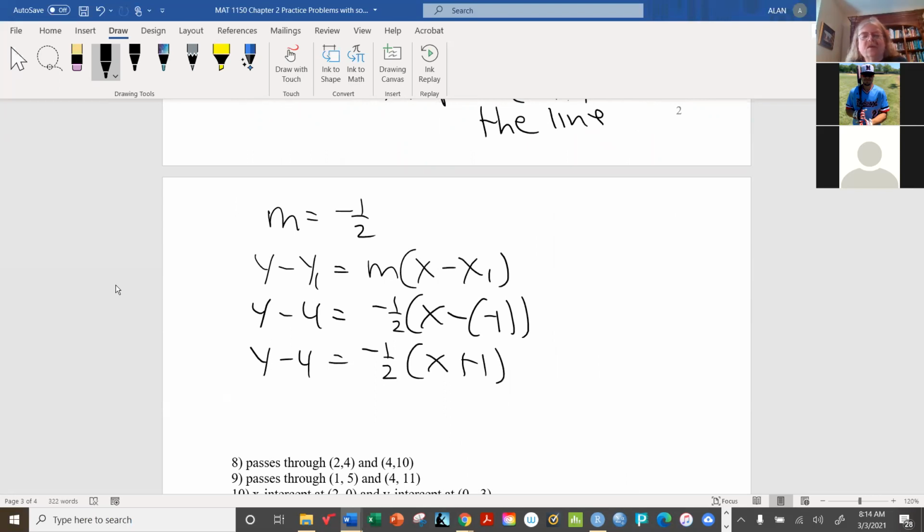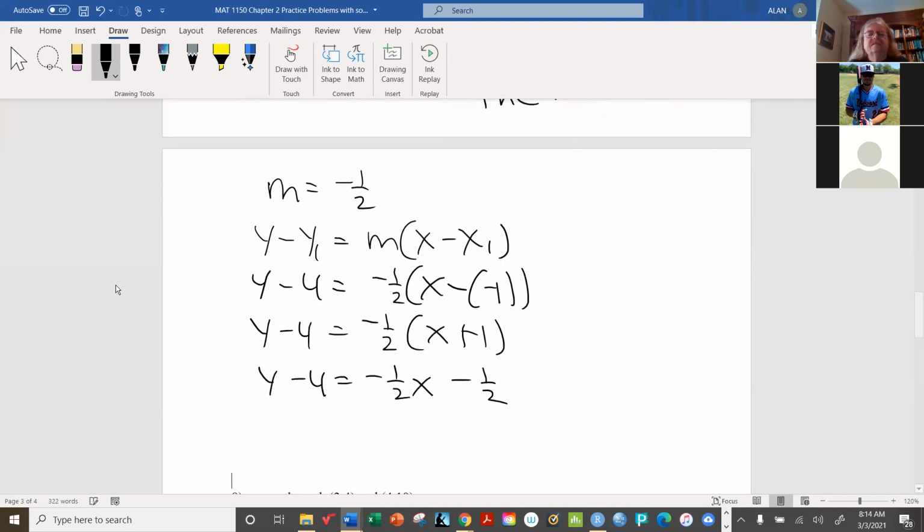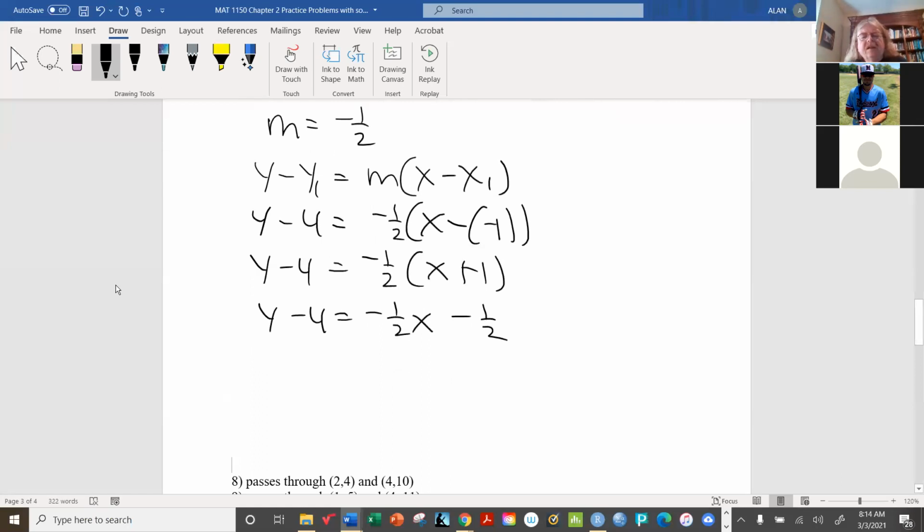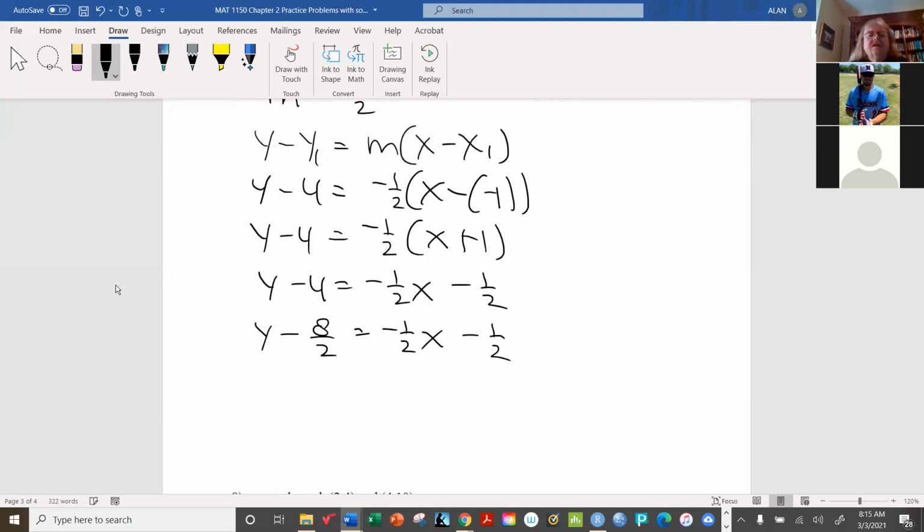Again, got to be so careful with those negatives. Now here, what I'm going to do, I'm going to add this 4 to both sides, but before I do that, I want to rewrite it as 8/2. So we'll add 8/2 to both sides. And this will become plus 7/2, and I'm done.